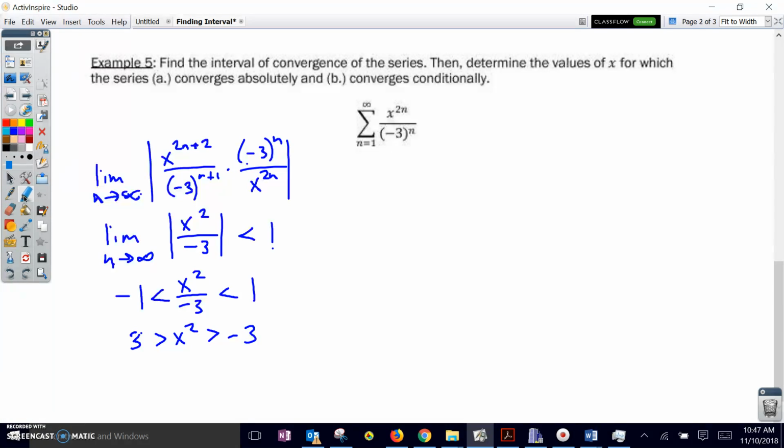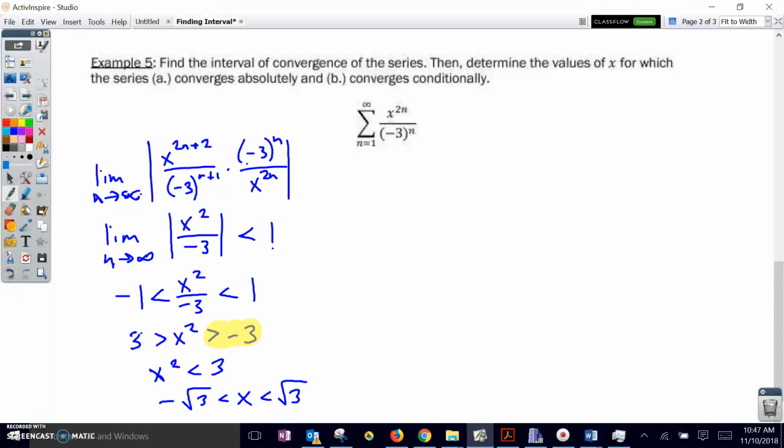We know that x squared is positive, and so to say that x squared is greater than -3 is really not giving us any extra information. So in fact, we know that x squared has to be less than 3, and taking the square root of both sides, we end up with negative root 3 is less than x is less than root 3. So that's going to be our base interval of convergence.